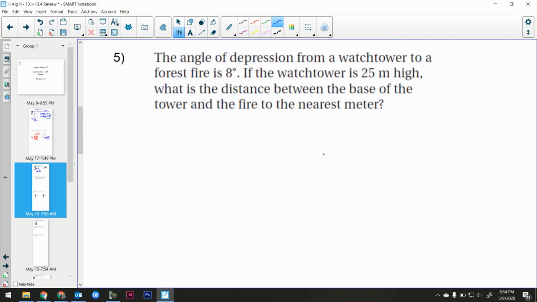Here's number 5. Go ahead and try it and then play when ready. Okay, the angle of depression from a watchtower to a forest fire is 8 degrees. Okay, let's draw a watchtower. Let's get creative here. Here is my watchtower. Looks like a tripod. There's my roof.